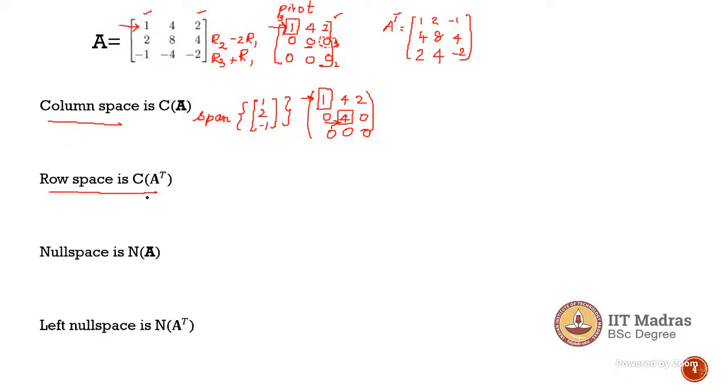So for forming the row space of the matrix, we shall first find the transpose of this matrix, which I have written here. In this transpose of A, we are going to reduce by Gaussian elimination. For that, your first row we can keep as such, 1, 2, minus 1. And taking the second row, it is simply 4 times your first row.